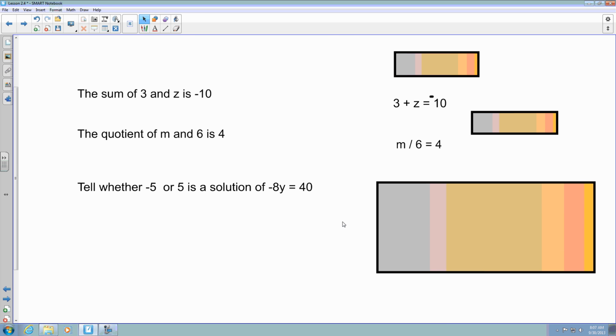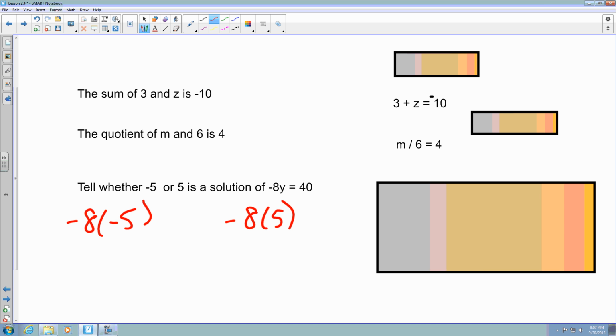The next one says: tell whether negative 5 or 5 is the solution of negative 8y equals 40. All you have to do is see if negative 8 multiplied by negative 5, or negative 8 multiplied by 5, gives 40.